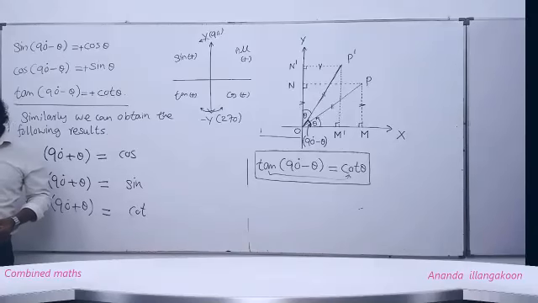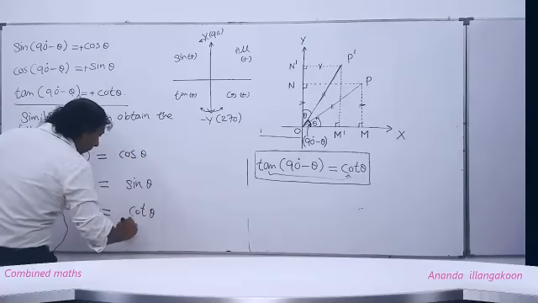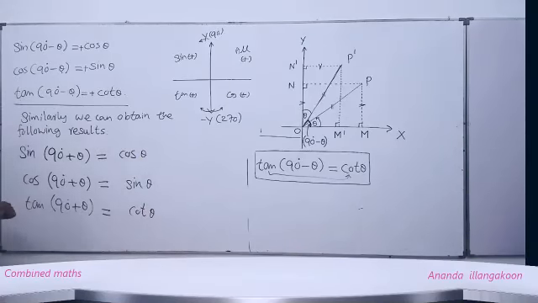Okay. People, now tell me, the right hand side angle is in the left hand side, the second angle. Now another one more thing. Where is this angle? For this angle, where is this OP? Second quadrant. This angle 90 plus theta is in the second quadrant. In the second quadrant, only sine is positive.